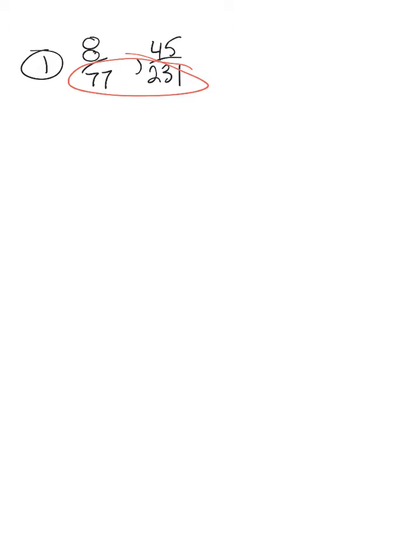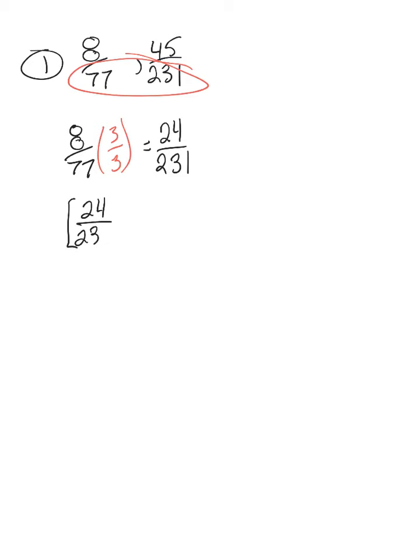So let's do that. 8 over 77 times 3 over 3 equals 8 times 3 is 24 over 231. Now, can you find a number between 24 over 231 and 45 over 231? Actually, yes, you can find about 20 of them.